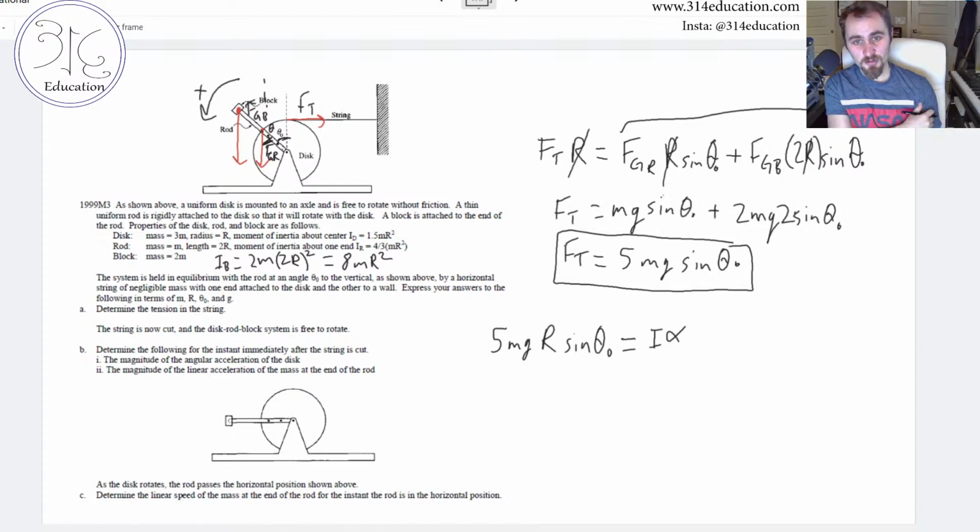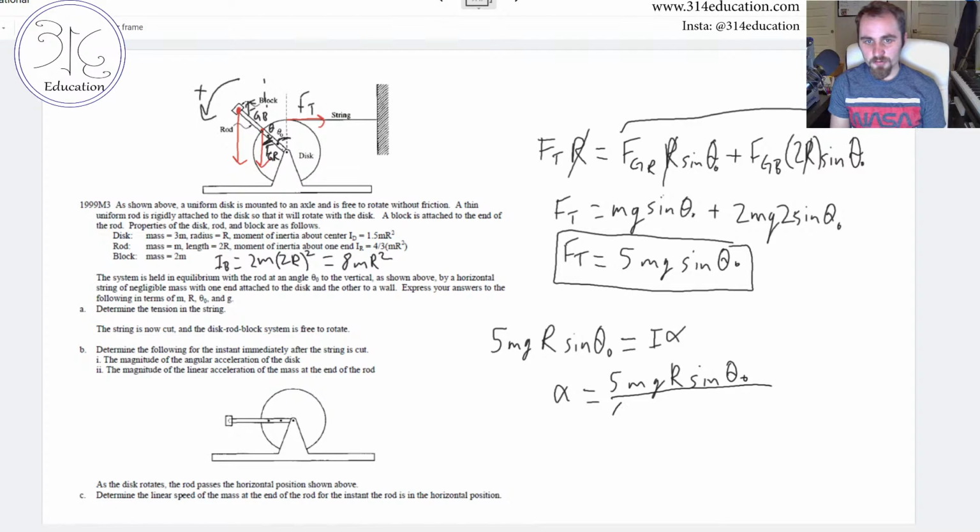Our moment of inertia is a little tricky because it's all of these moments of inertia added together. To get alpha on its own, we divide out our moment of inertia, so we still have 5mgr sine theta on top, but now we're dividing by the sum of 1.5 mr squared plus 4/3 mr squared.